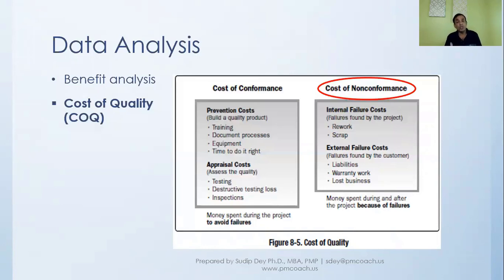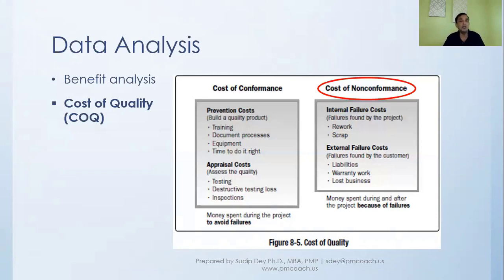As opposed to the internal failure cost, there's another category, which is the external failure cost. External failure cost is much, much more costly. These are the costs of failures found by the customer. When the customer finds issues with the product that you have delivered, there can be liabilities. For example, there might be something in the contract that you have to pay if something doesn't work.